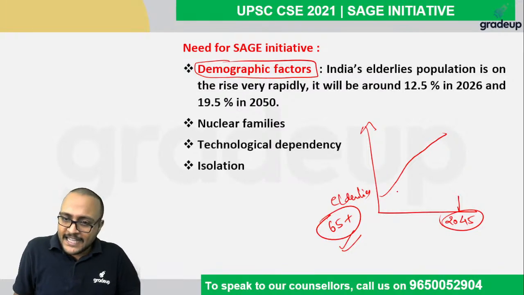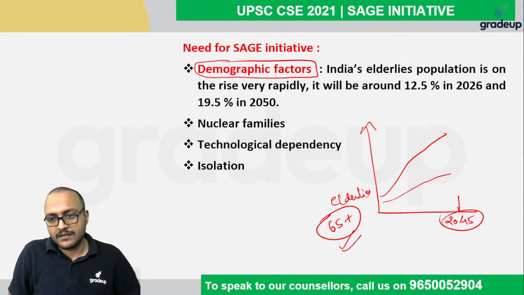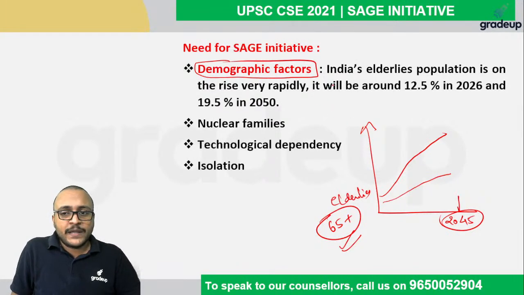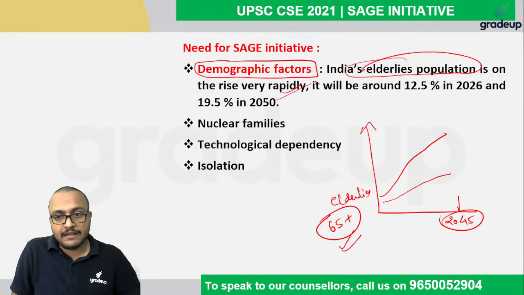So even that group of the population will also be witnessing an increase. That means we are going to witness the population of elderlies increasing very rapidly.